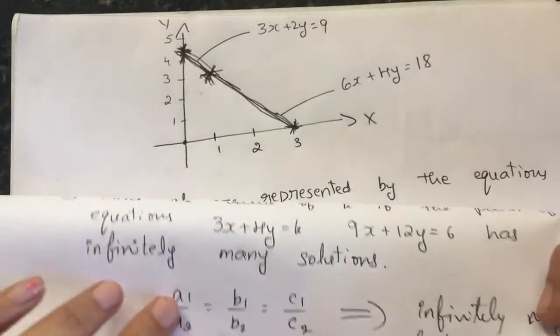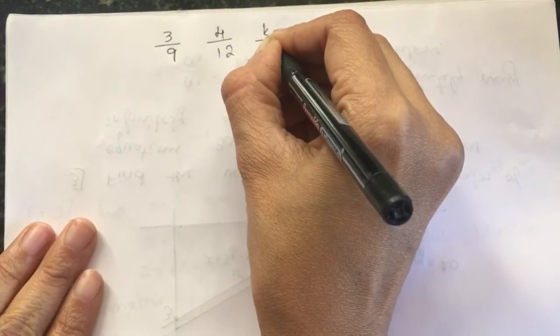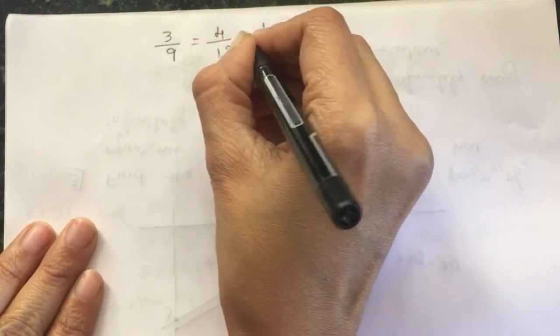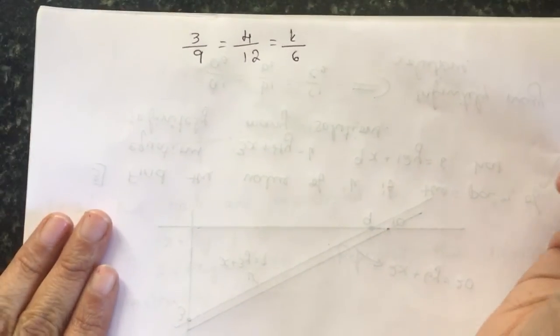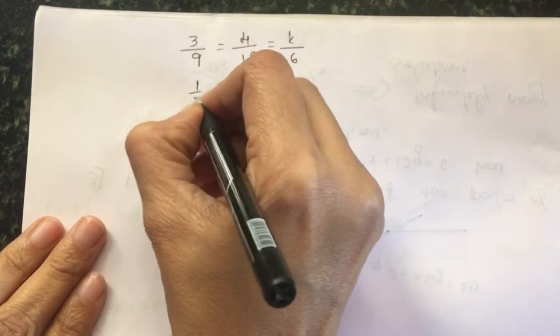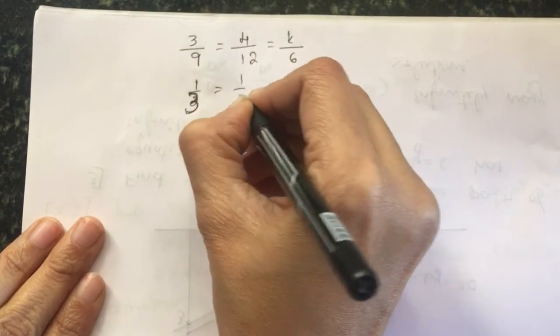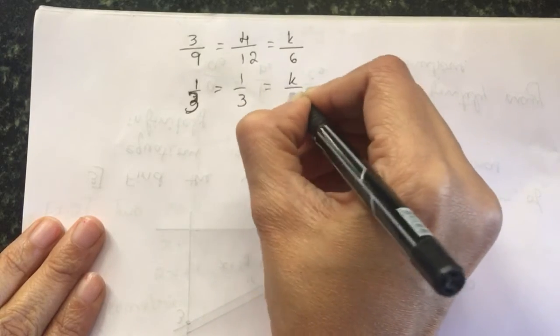Then c1 is k and c2 is 6. They are equal, right? So this is 1 by 3. And this is also 1 by 3 equal to k by 6.